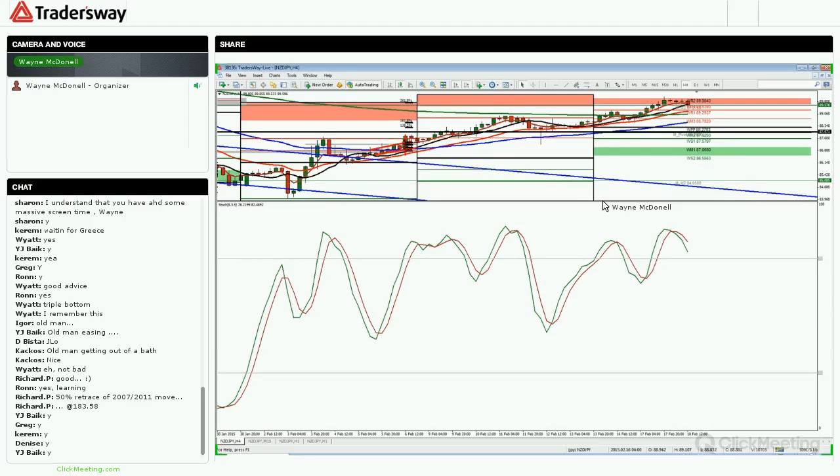Say, well, I want to buy it, but it's overbought. Is that a worry? It's not a worry. It's trending. Of course it's overbought. Everybody's buying it. Why wouldn't it be overbought? Make sure you use the right tools for the right market conditions.